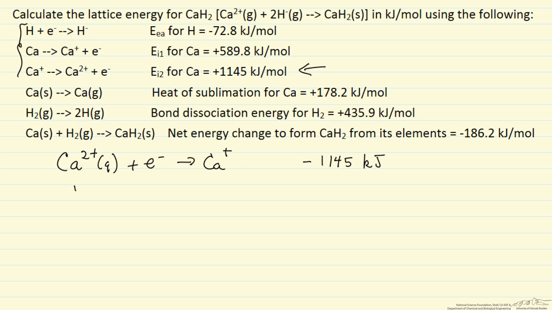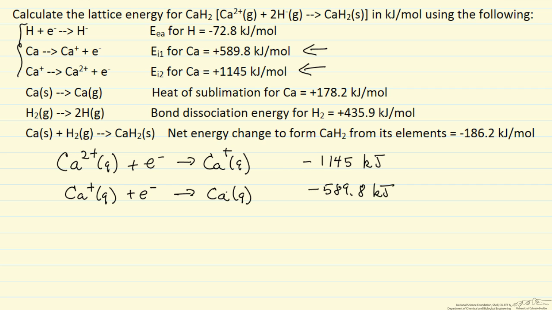And then the calcium plus, and just to be clear, remember these are gas phase, we add another electron to that, we can make calcium in the gas phase. That is the reverse of this reaction, so that means the negative of that reaction is delta H for the second reaction.